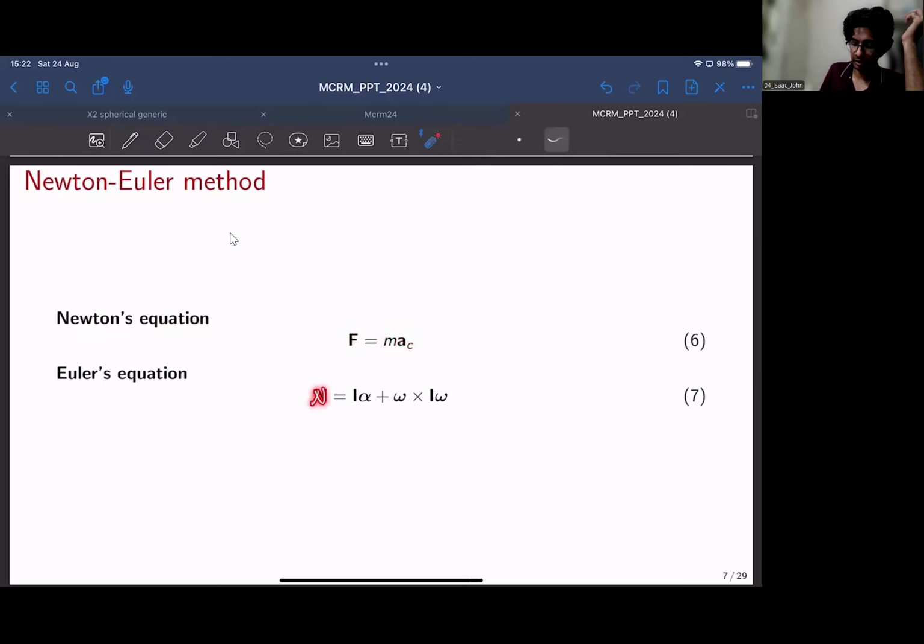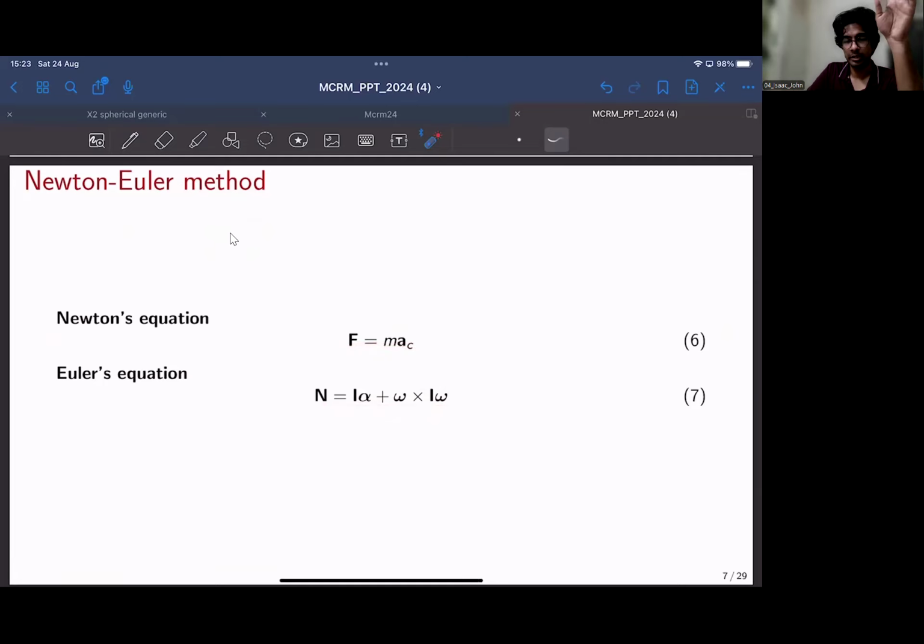And Euler's equation for a rotating body is nothing but the net torque acting on the body is moment of inertia matrix I alpha plus omega cross I omega. Right? It's actually a sum of two terms.